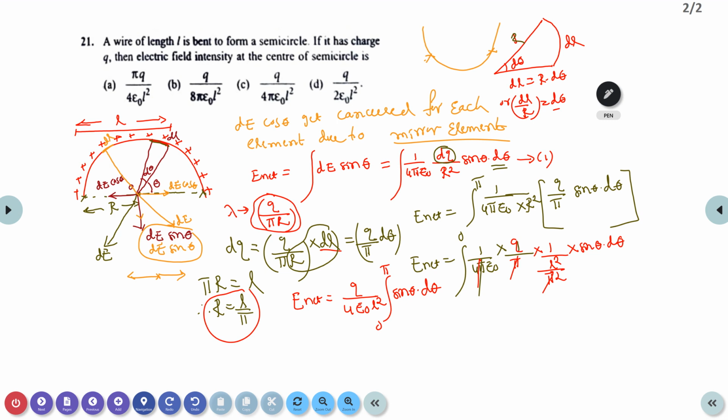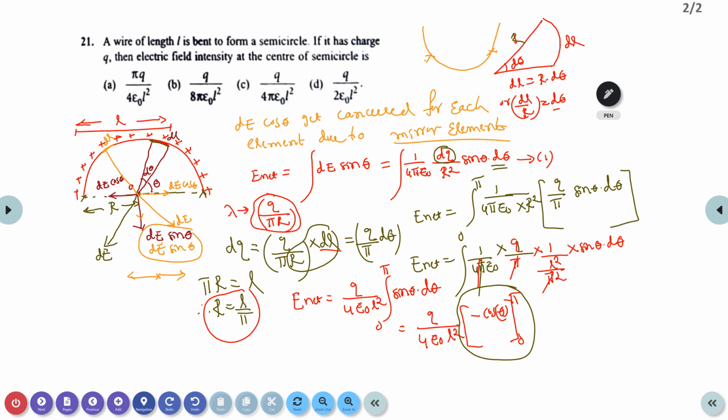Now this equals Q divided by 4 epsilon naught L square, integration of sin theta equals minus cos theta from 0 to pi. Then simplified, cos of 180 equals minus 1, minus of minus is plus. Again cos of 0 equals 1. All together simplified, you are getting 2.